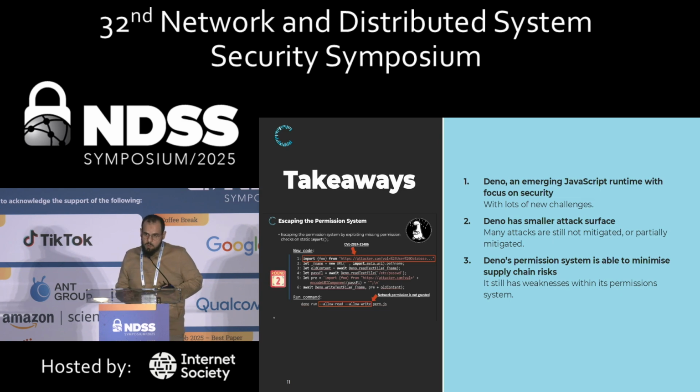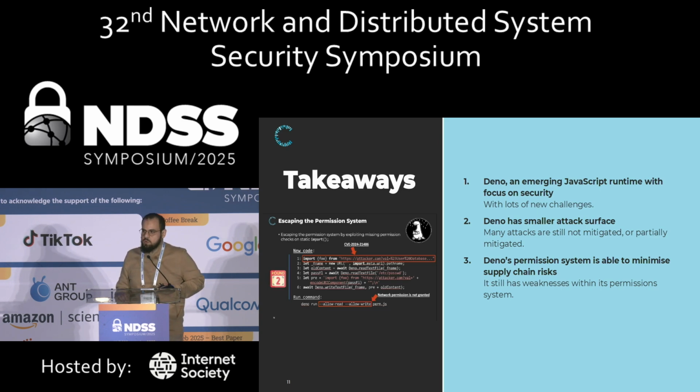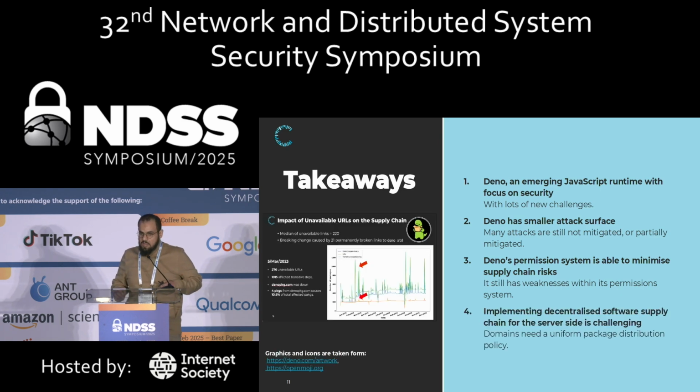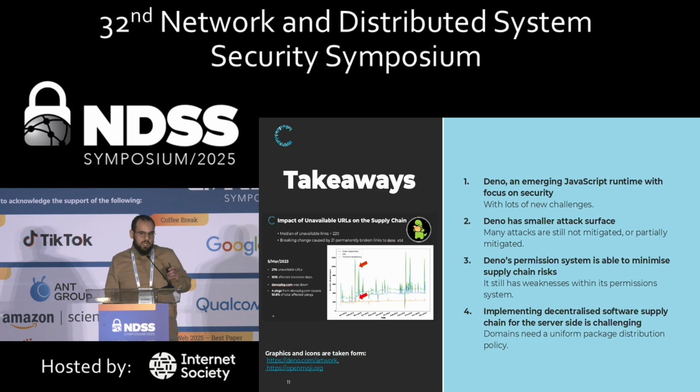The Deno permission system is one of the success stories in minimizing the risks of the supply chain, but these permission systems still have problems within themselves. In the end, implementing a decentralized software supply chain is quite challenging, especially when we talk about the server side. Therefore, we recommend that the people who contribute to that have a uniform package distribution policy.